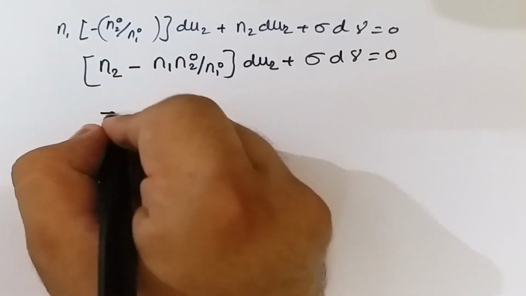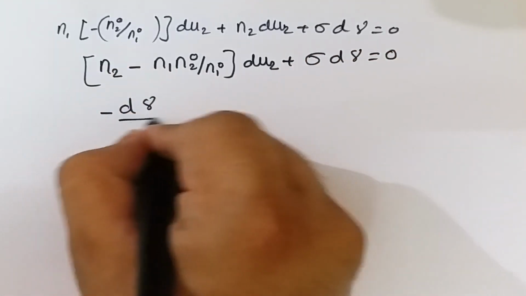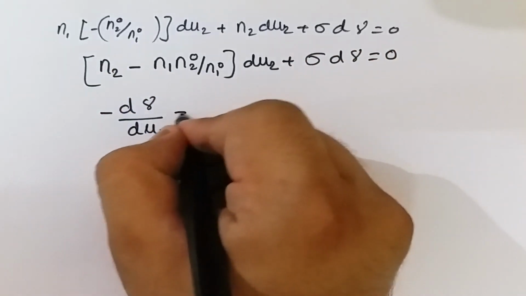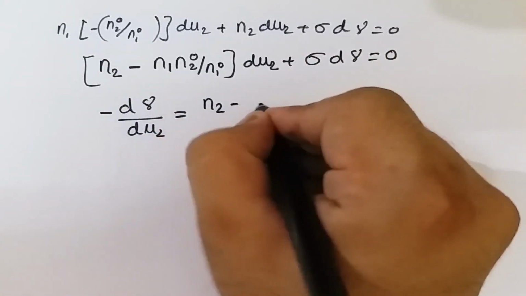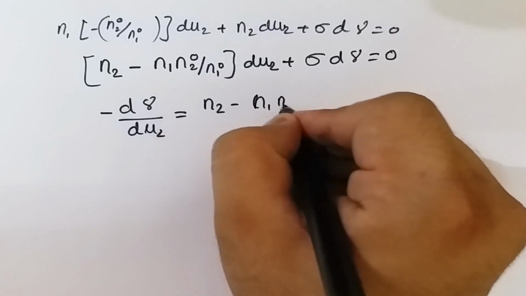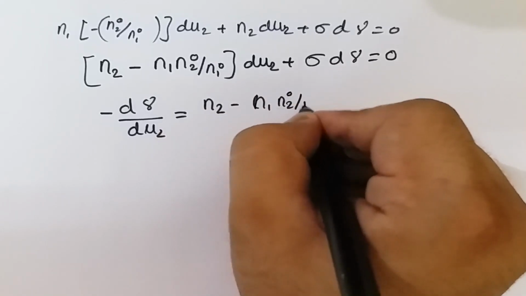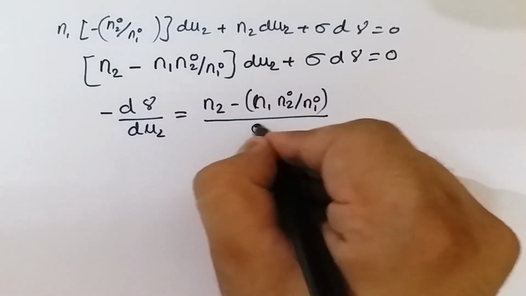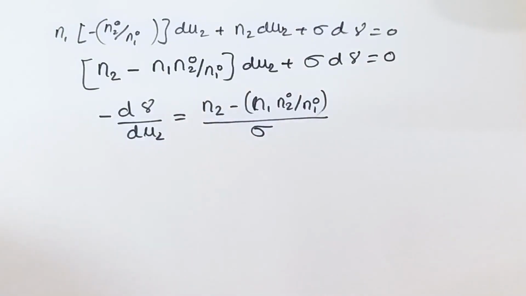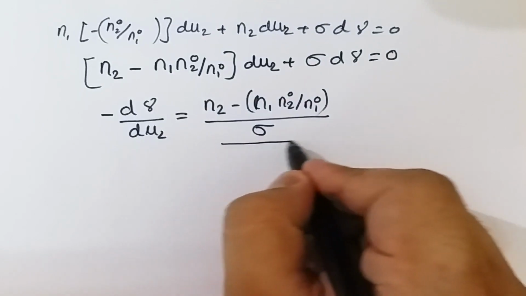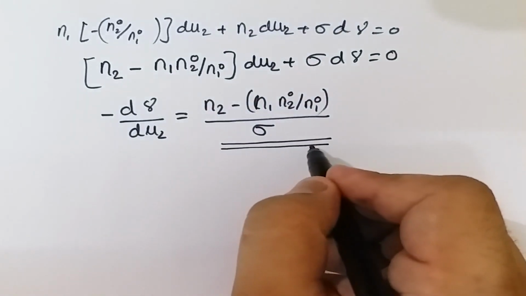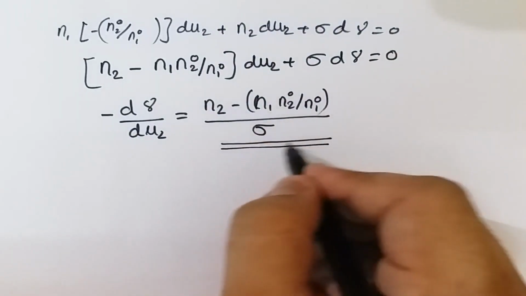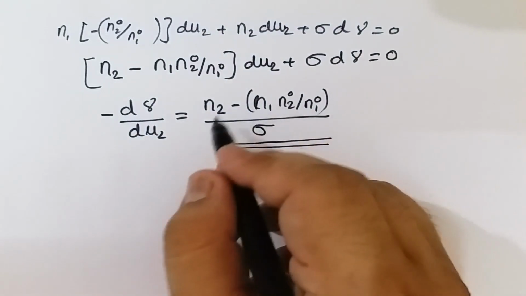So I will have minus d gamma upon d mu2 equal to N2 minus N1 N20 upon N10 upon sigma. This quantity, this expression, may be regarded as the excess concentration of the solute per unit area.